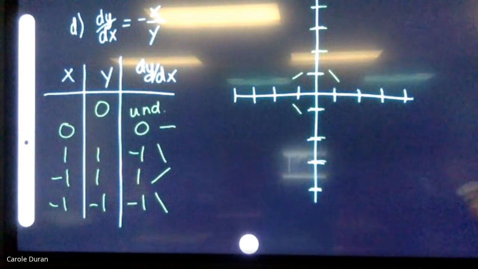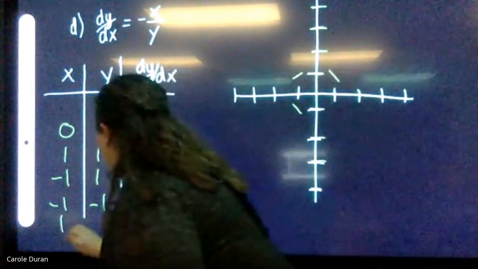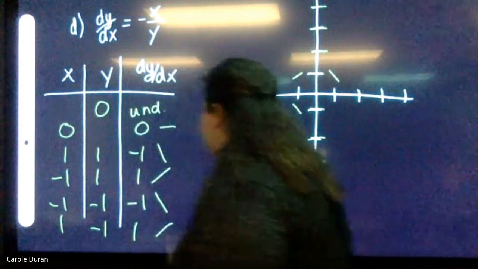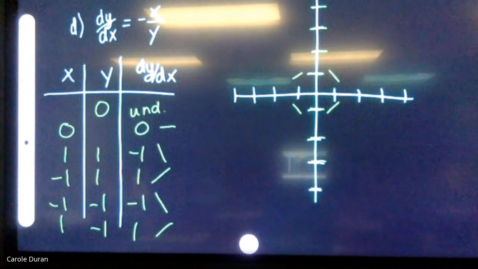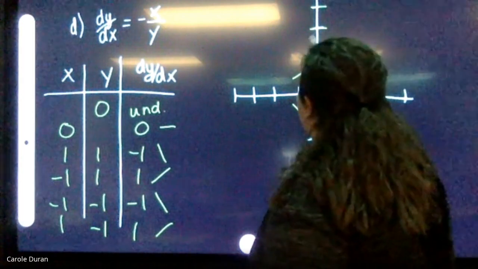And then I do the same thing for 1, negative 1, and I should get a slope of positive 1, which means that my line looks like that. What shape is this starting to look like to you? So this is actually going to be a circular pattern. Of course, we should check that by plugging in some more points. But that is the pattern that you're going to see.